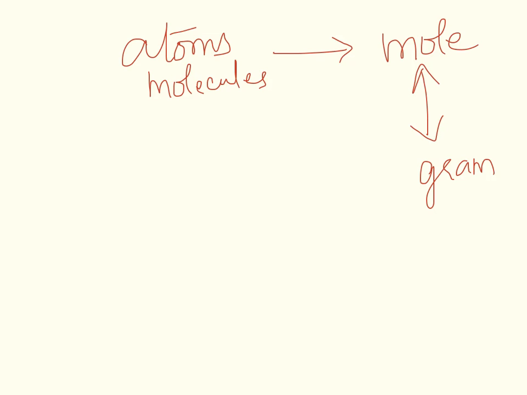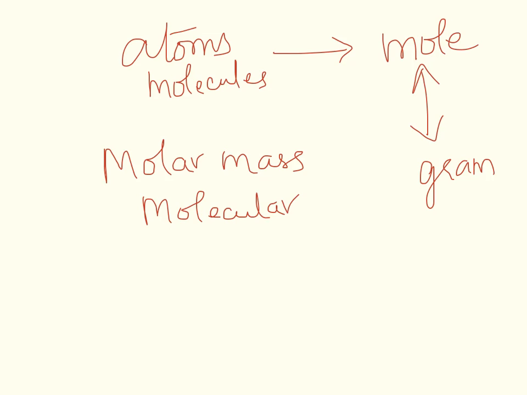So this is to count atoms by weighing them. How do you do this? There is a step-by-step process to that. First of all, we need to know how to calculate molar mass or molecular weight. So we have to understand this first, and then we will get into counting atoms by weighing them.